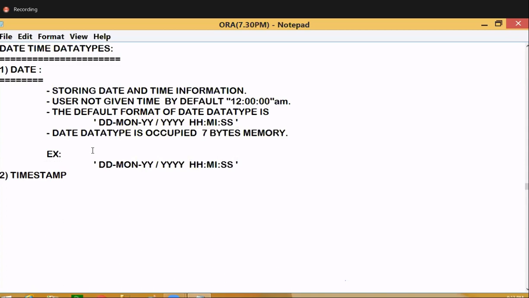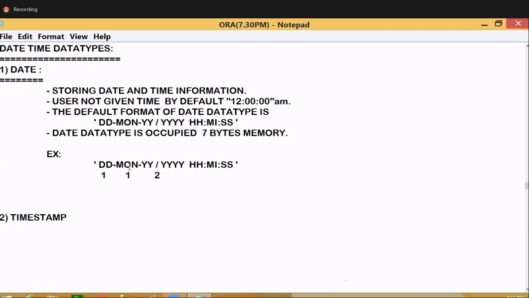In this example, observe carefully: DD, the date, takes 1 byte of memory; the month takes 1 byte; the year takes 2 bytes.